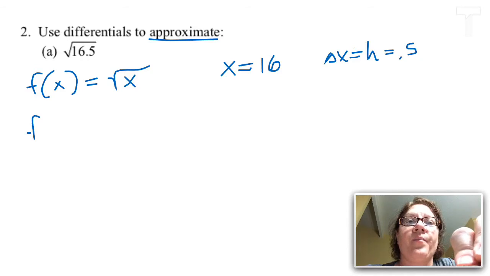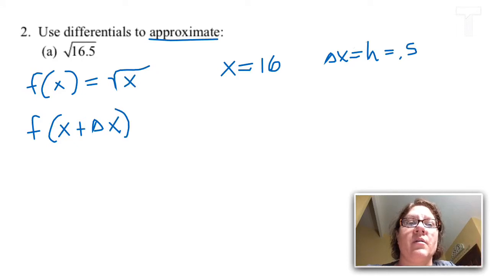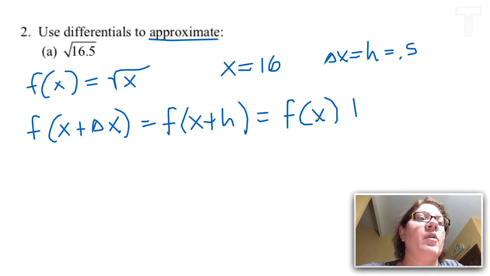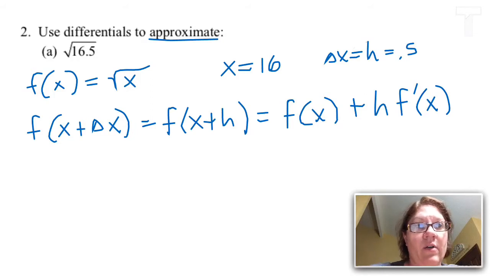And so, therefore, x plus delta x, or rather f of x plus h, we talked about yesterday, which is my old x value plus the amount I moved away times the slope, because I'm using the tangent line to generate this estimated value.